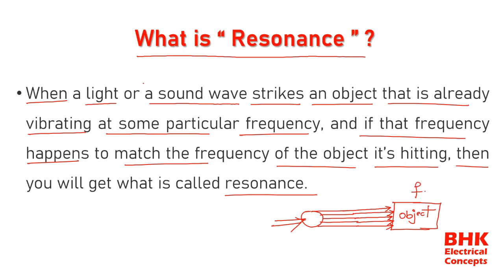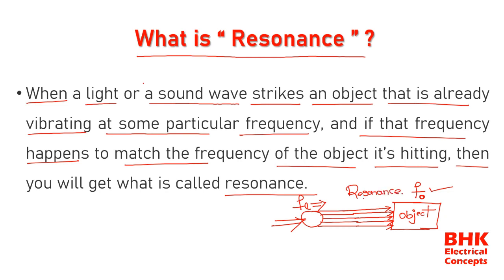For example, f0 is the frequency of the object, and here fl represents the frequency of light. Whenever the light wave strikes the object, and this object is already vibrating at some frequency f0, then if that frequency f0 happens to match the frequency of the light, that particular condition we call resonance.